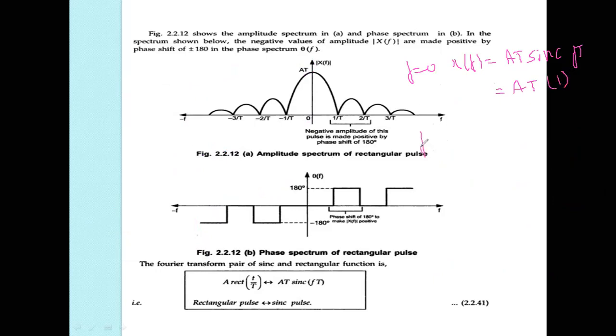Now I'm taking f is equal to 1 by t, my dear students, 1 by t. What does x of f become? A into t, sinc ft means sine pi ft by pi ft, my dear students. What is the f here? 1 by t.